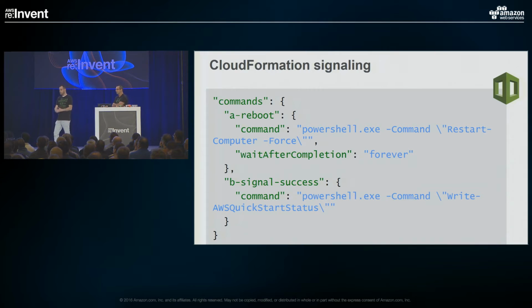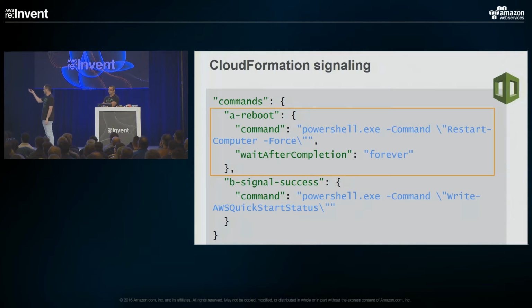After you do all the operations that you have to do for a particular stack, you want to make sure you signal back. This also helps with all of these dependencies between services or files that you have to have in place, and applications that you have to install. In this example, similar to what we had in the last slide, we'd have something that does a reboot, so it'll do a wait after completion forever. Let's say this is towards the end of our CloudFormation stack.